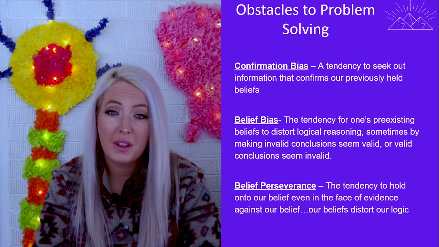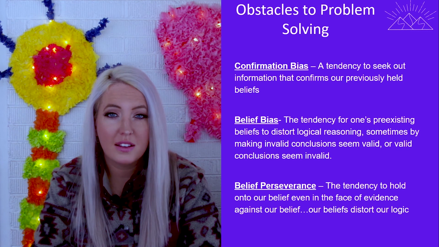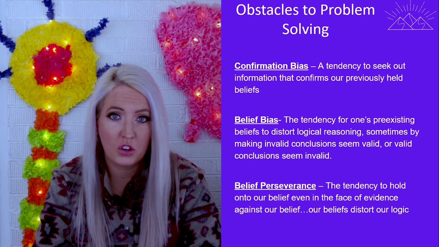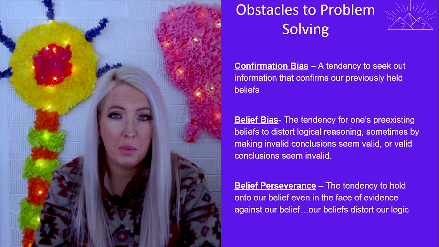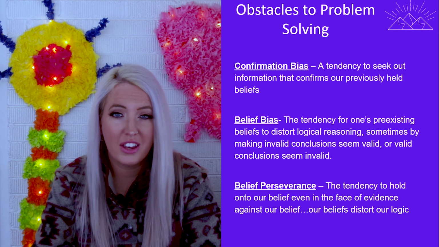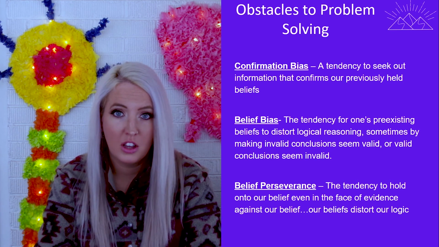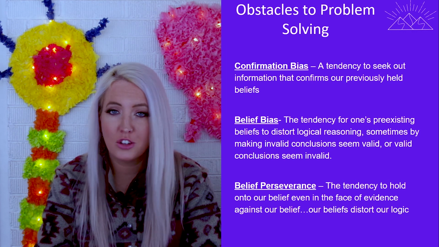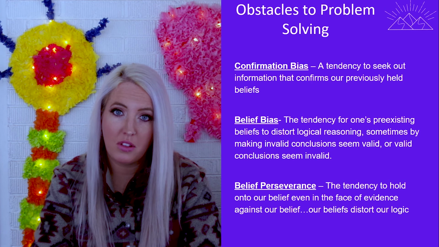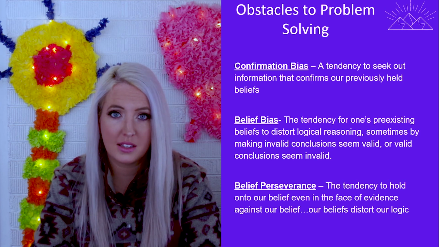Belief bias is a little different, because this is where someone has a belief that distorts their logical thinking. This time, a person might not be seeking out information to support their side, they just believe it. So if I have a belief about someone, whether or not I've actually looked up that information to know if it's true or not, that pre-existing belief is a belief bias.